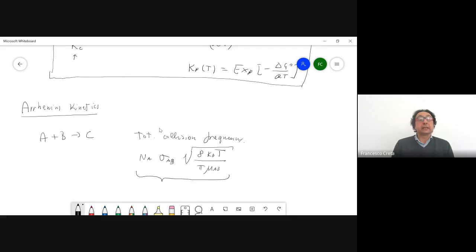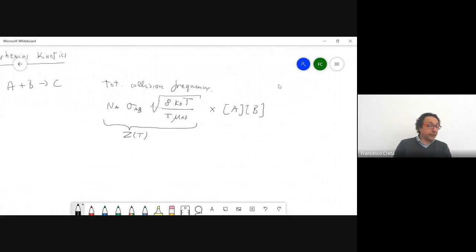And we have essentially regrouped this into a function Z of temperature times the product of the concentrations of A and B. So remember, this is an irreversible reaction. So the total collision frequency depends on how many molecules of A and B you have per unit volume, which is obvious, okay? So this is the molar concentration, and on the kinetic energy, so on temperature in this complex form coming from collision theory or kinetic theory of gases.